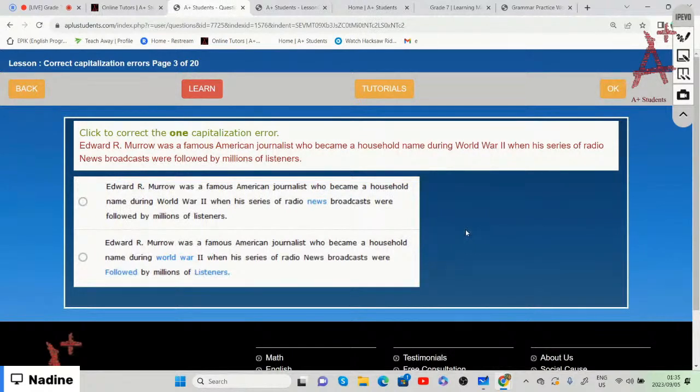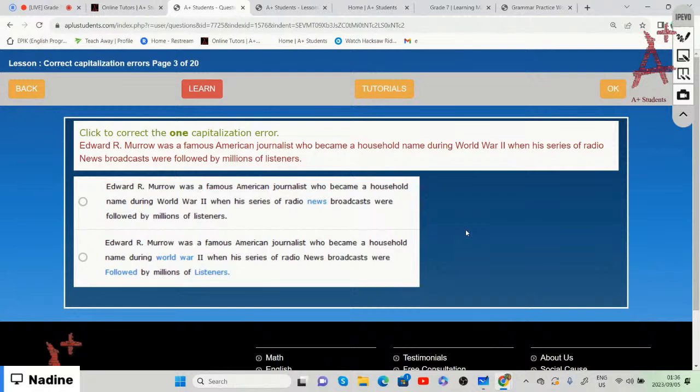We need to choose one capitalization error. Edward R. Murray was a famous American journalist who became a household name during World War II when a series of radio news broadcasts were followed by millions of listeners. So without having to reread both sentences, right?